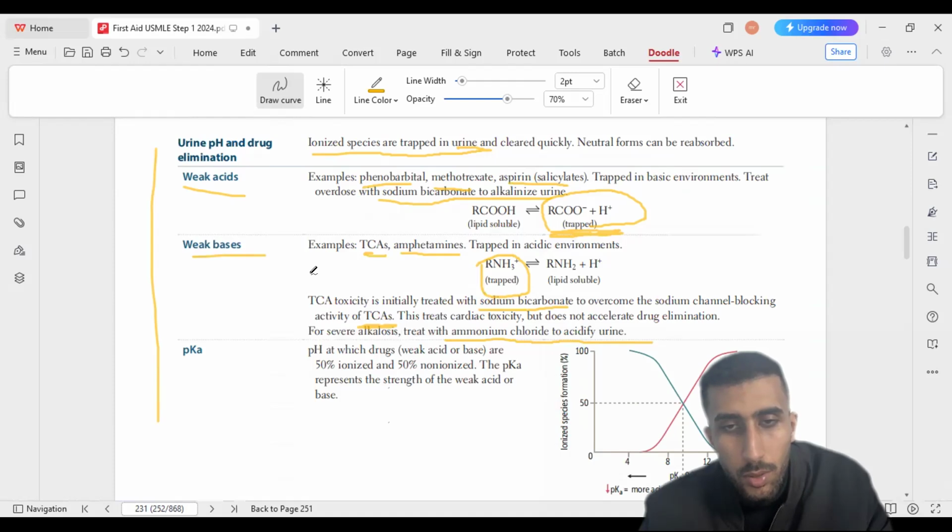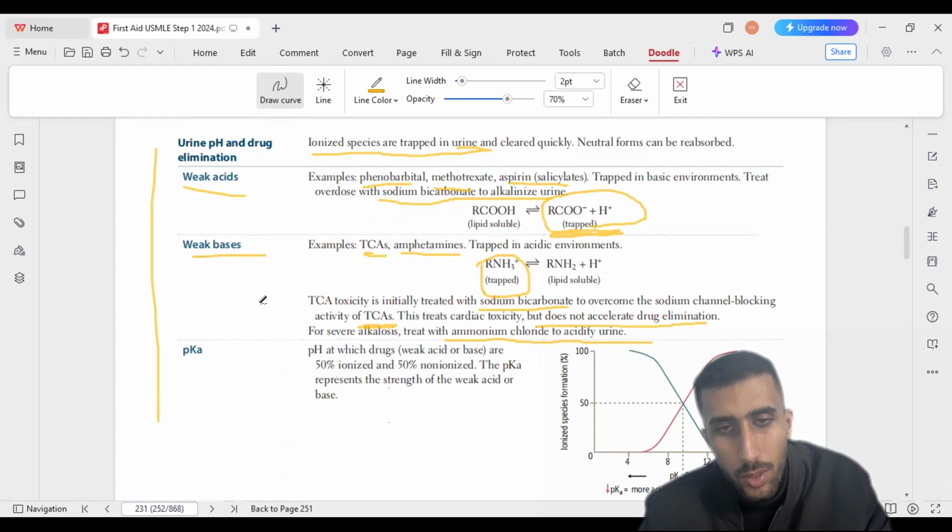First, give sodium bicarbonate. This will overcome the sodium channel blocking so that you don't have cardiotoxicity from the tricyclic antidepressant. Of course, this will not accelerate drug elimination. The important thing is first, you will not be happy eliminating the drug while you are having cardiotoxicity.